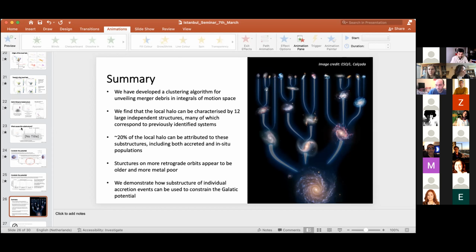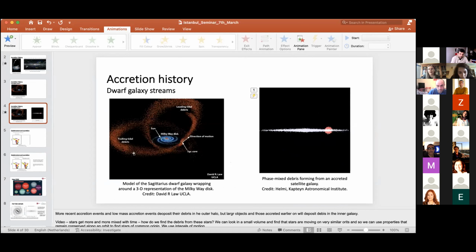Yeah, I don't know off the top of my head roughly what time scale, but it depends definitely on the orbit that you're on. So, for example, the Sagittarius is thought to have been accreted around 6 to 8 gigayears ago, I believe, off the top of my head.